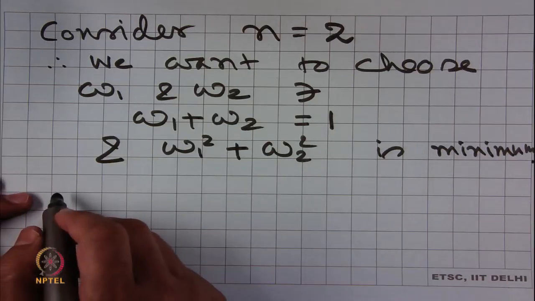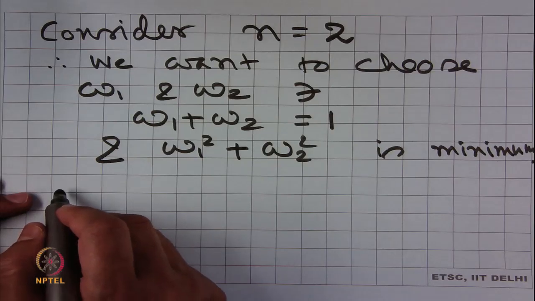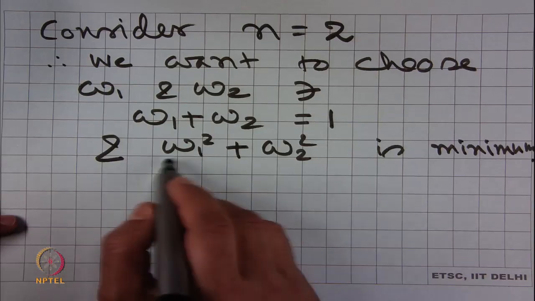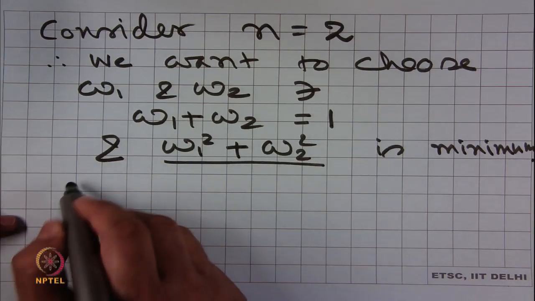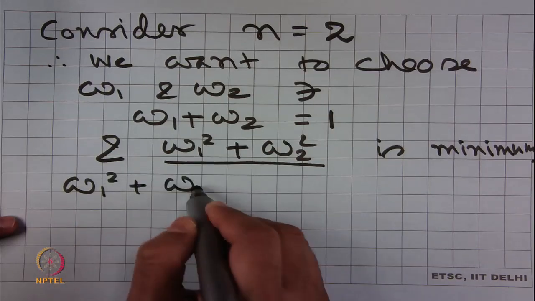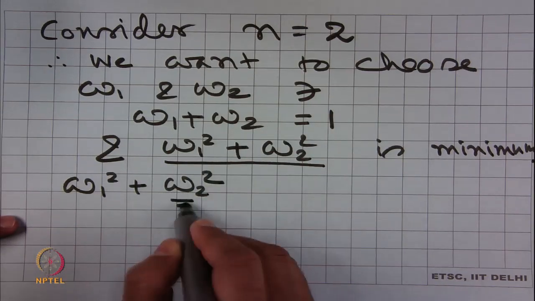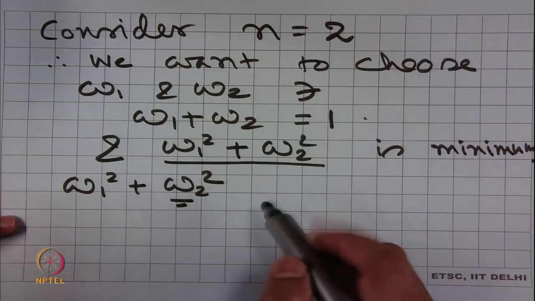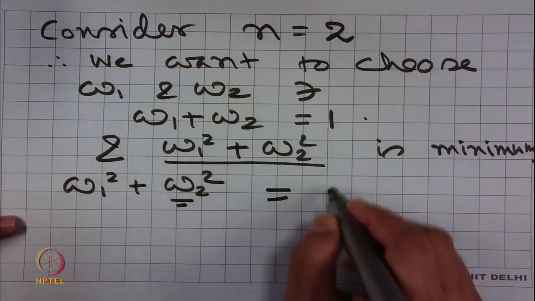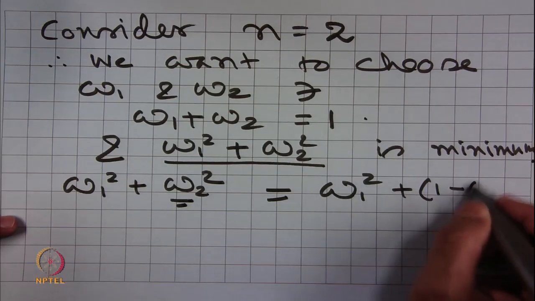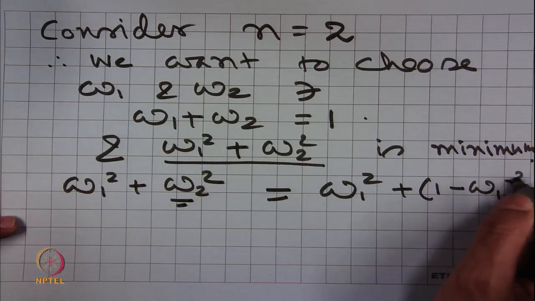Do we know the answer? We know, but let me still work it out. So, we are minimizing W1 square plus W2 square. By putting W2 is equal to 1 minus W1 from here, it is equal to W1 square plus 1 minus W1 square.